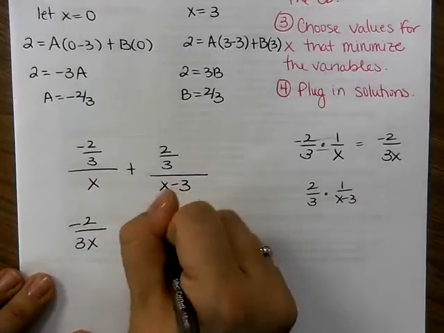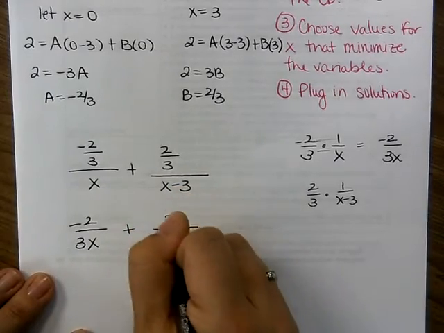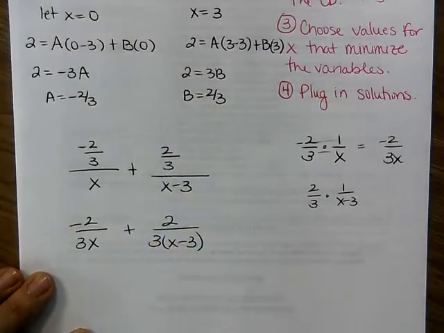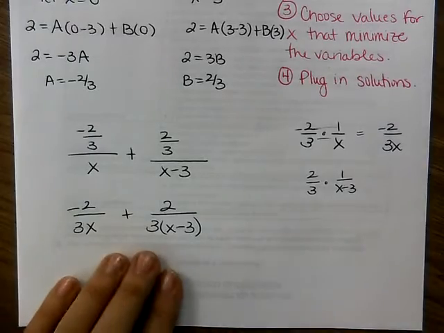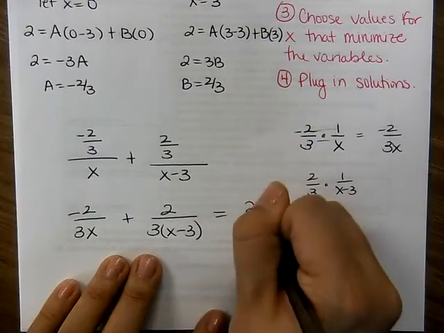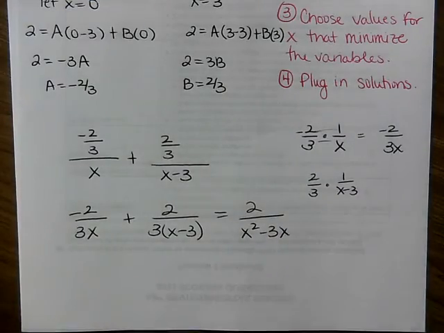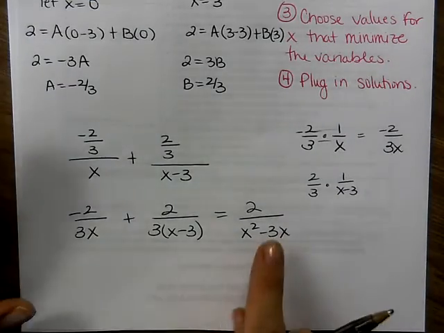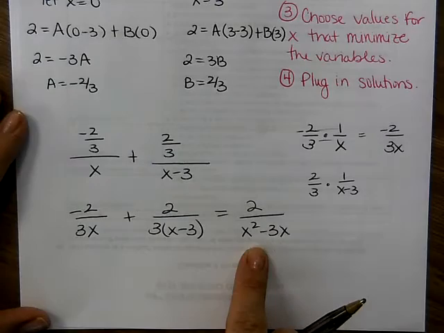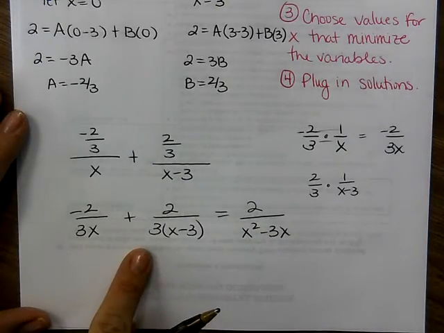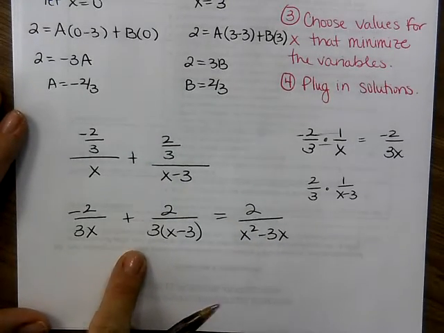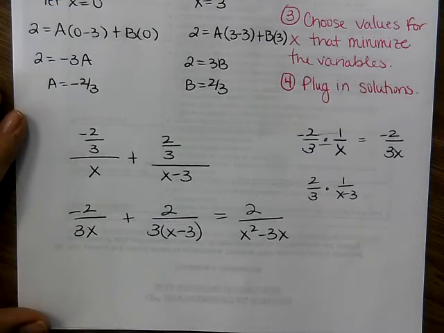So what I really have here is 2 over 3 times the quantity x minus 3. This is equal to what we started with. And this is partial fraction decomposition. You took your simplified rational expression and you changed it back into its original form, into these two smaller pieces.